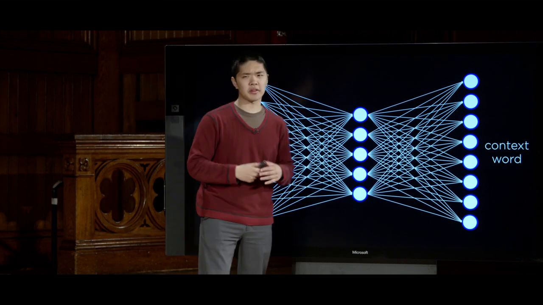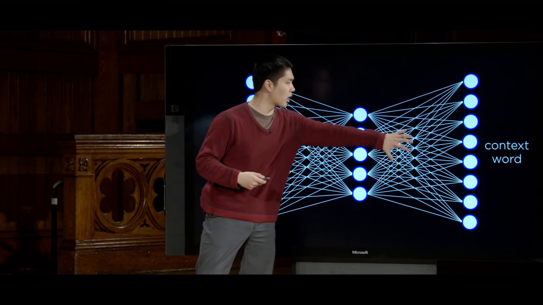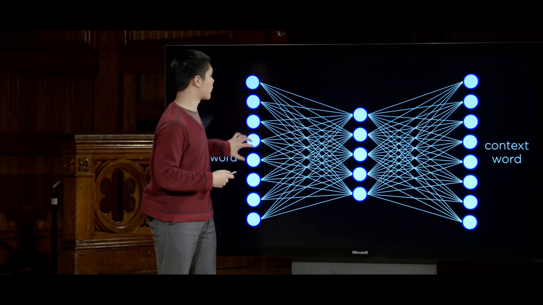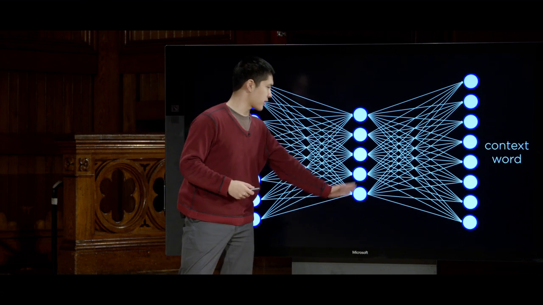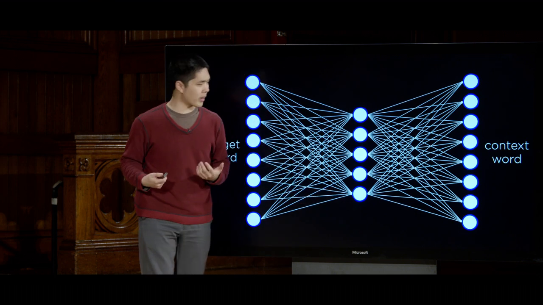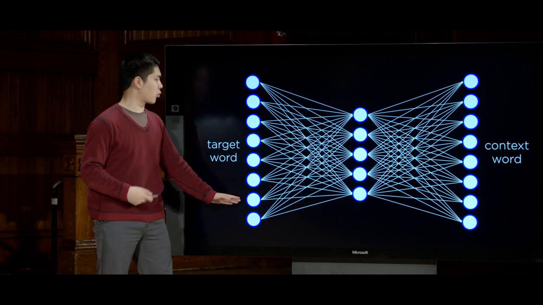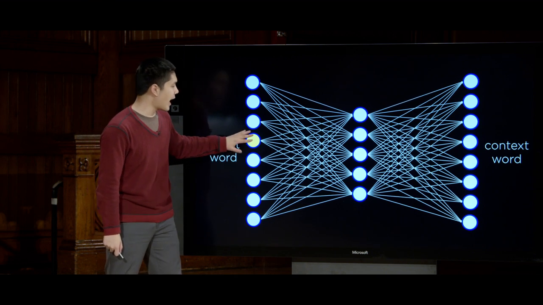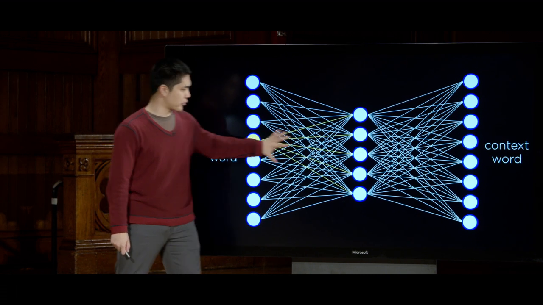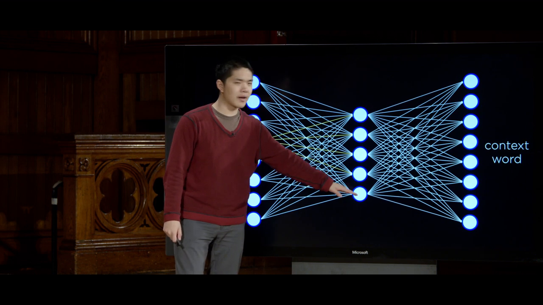And it will do so using the same methods we've talked about, back-propagating the error from the context word back through this neural network. And what you get, if we use just a single layer of hidden nodes, is that for every single one of these words, for example this word, I get 5 edges, each of which has a weight to each of these 5 hidden nodes.